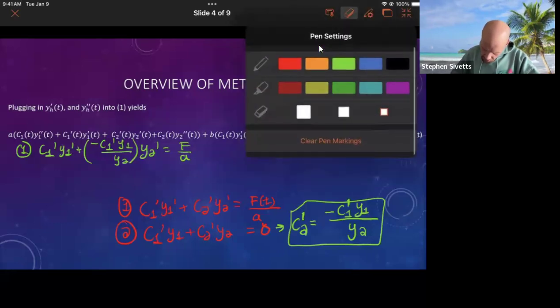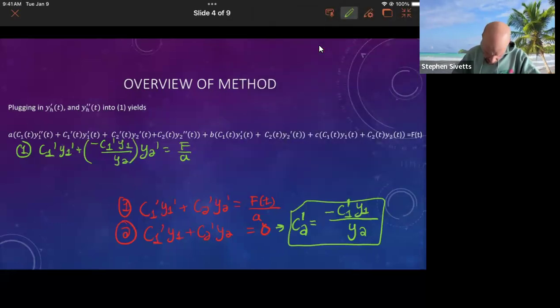And so what this equals is, if I factor a C1 prime out, I'll have Y1 prime minus Y1 Y2 prime over Y2.